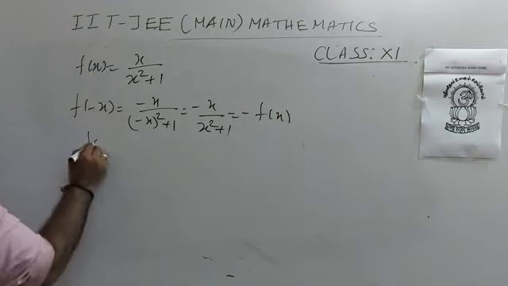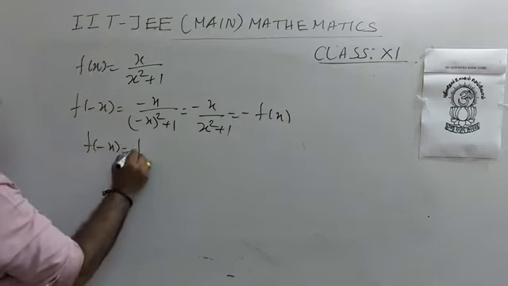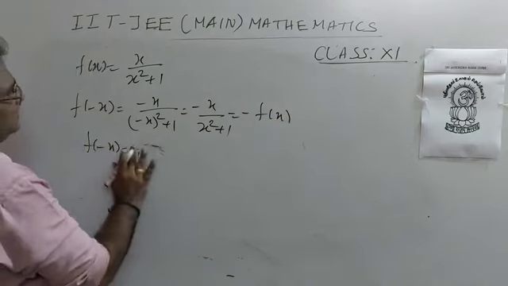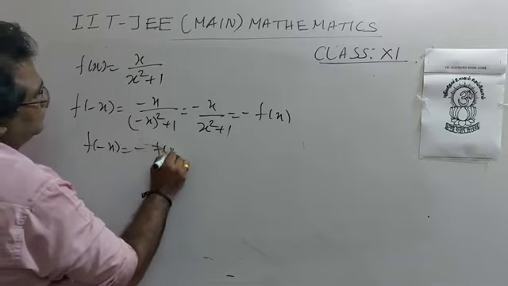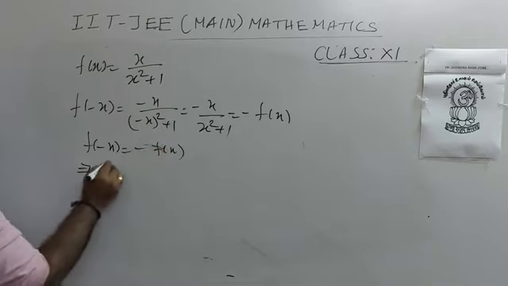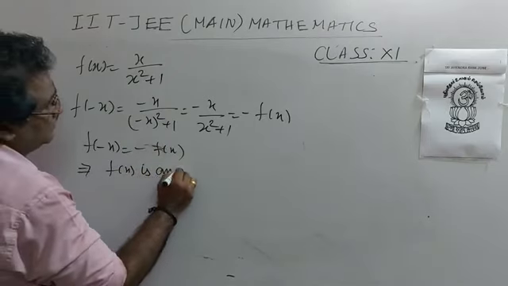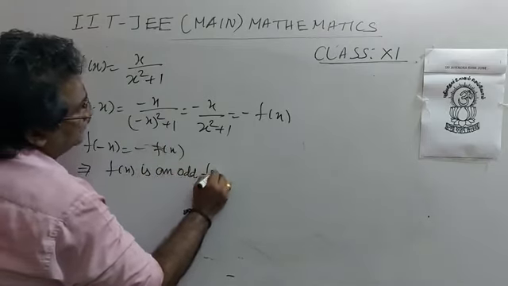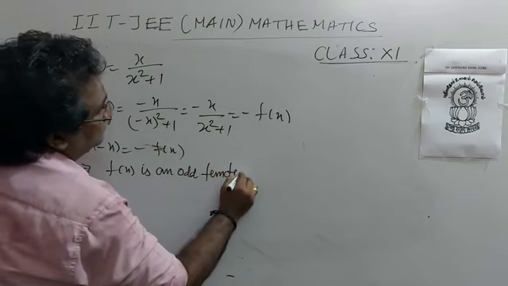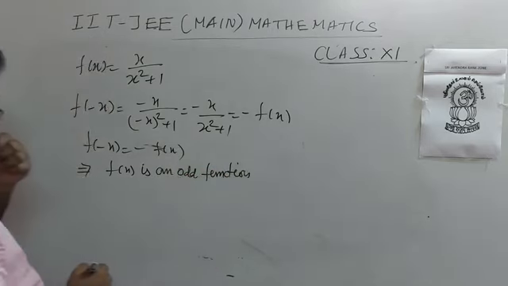F of minus x equal to minus f of x, which implies f of x is an odd function.